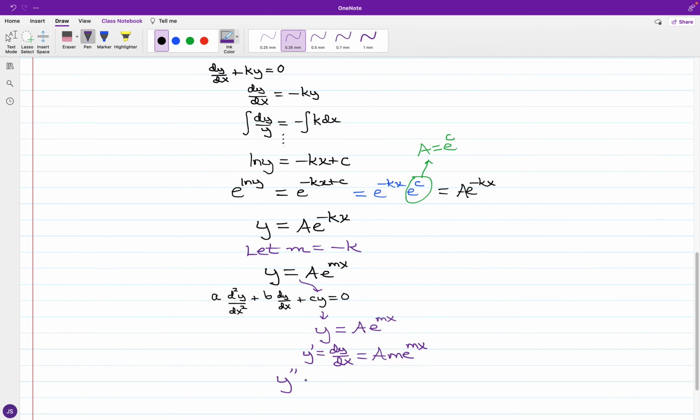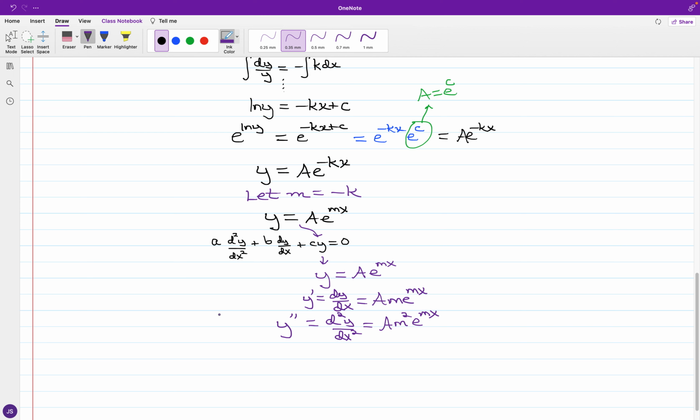Again, for y double prime, or d squared y over dx squared, taking the derivative of am e to the mx with respect to x, this will become am squared times e to the mx.